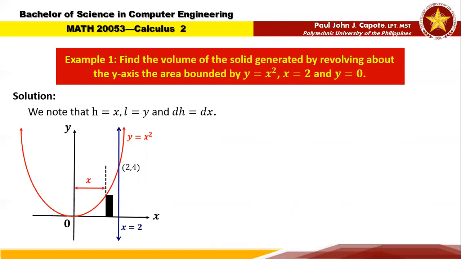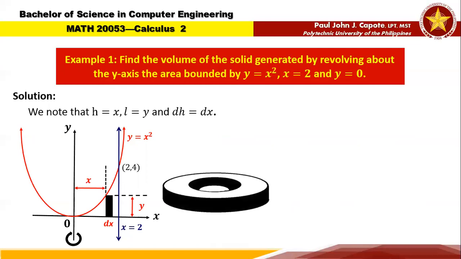And L, which is the length of the rectangular element, is equal to y. And the width, dh, is equal to dx. If we revolve this rectangular element about the y-axis, we get a solid of revolution known as a cylindrical shell.